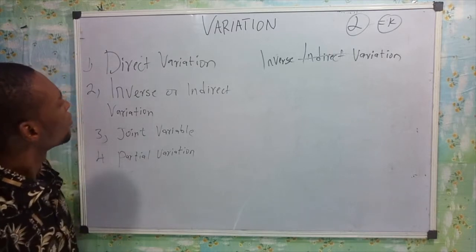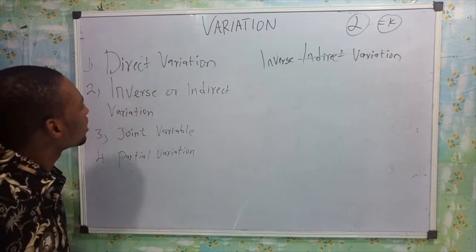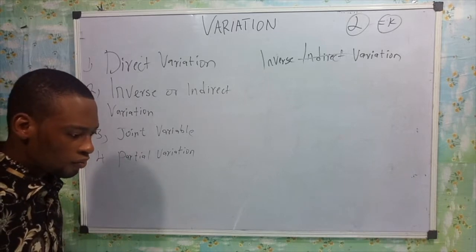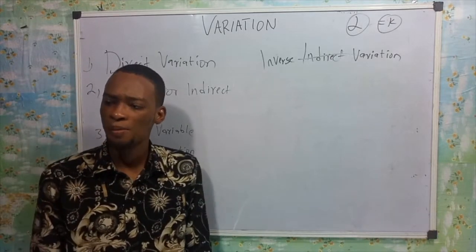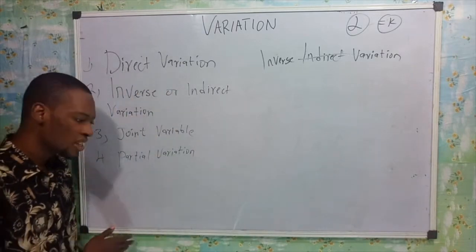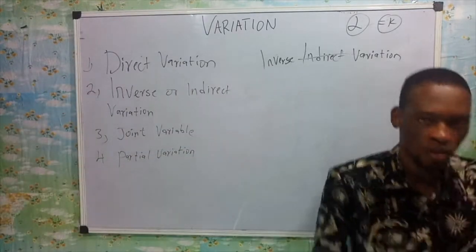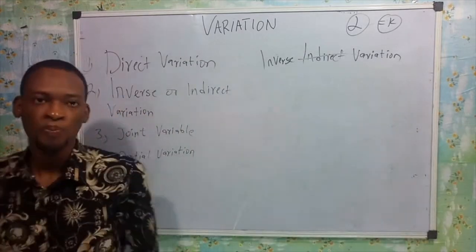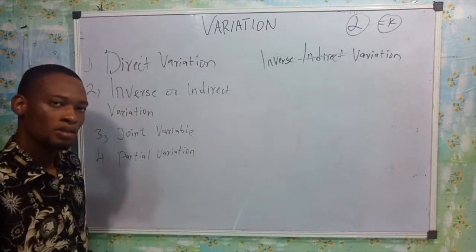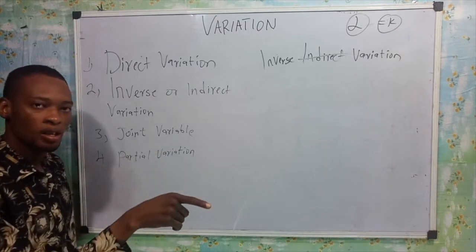So, what is an example of inverse variation? Now look at it. Let's say I'm running from here to this end. The faster I run, the lesser the time I need to get there.